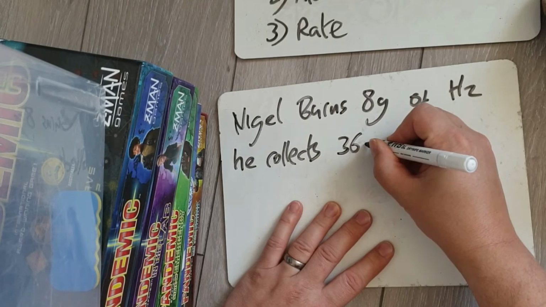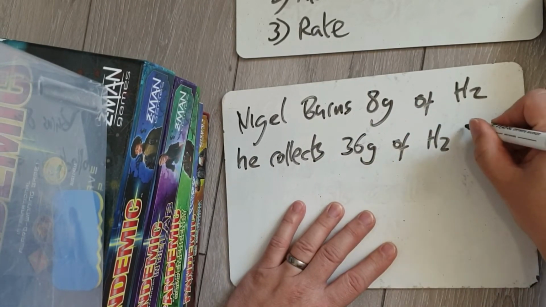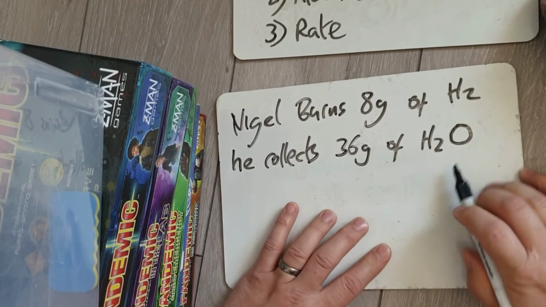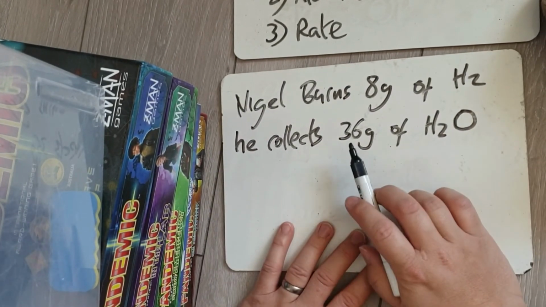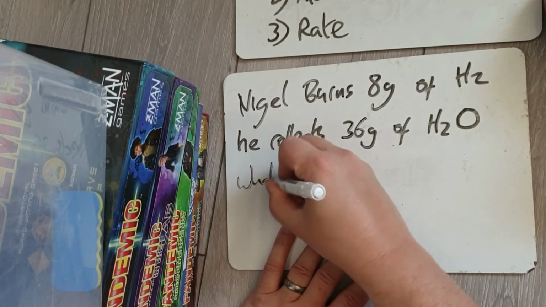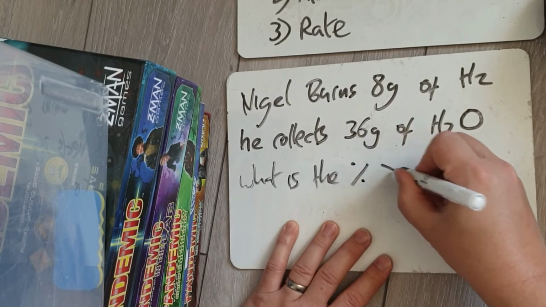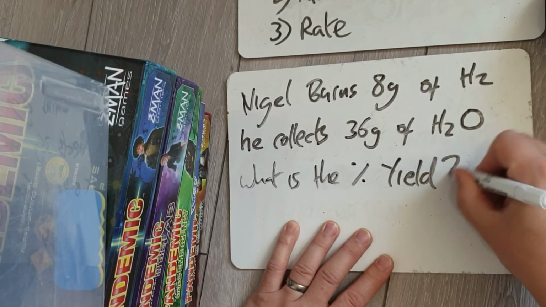Let's see if that works. He collects 36 grams of H2O. I know it's been a while since we had a lesson, but H2O, that is water. So he burns 8 grams of hydrogen. He collects 36 grams of H2O. What is the percentage yield?